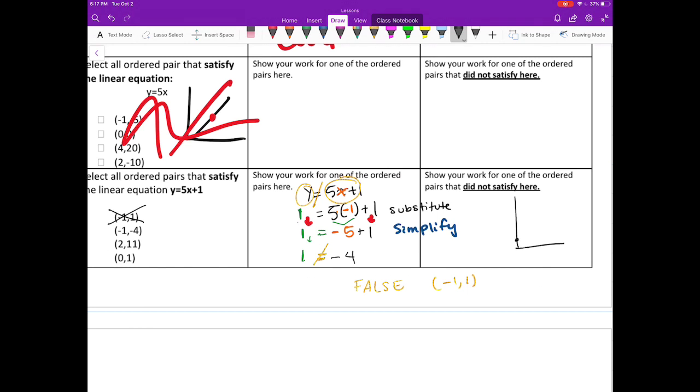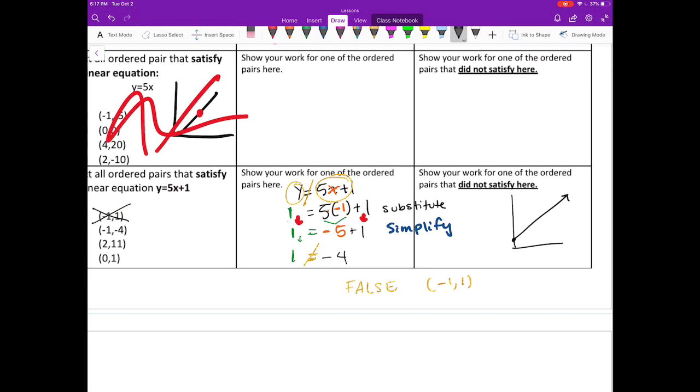That point is not here. -1, 1 is right here. That is not on the line, right? All right, so -1, 1 does not satisfy.